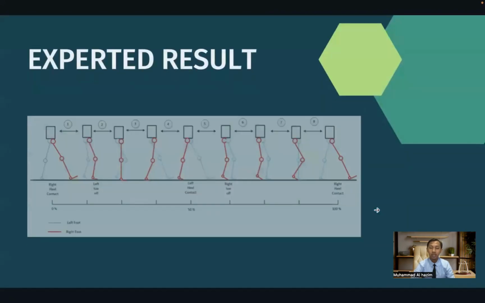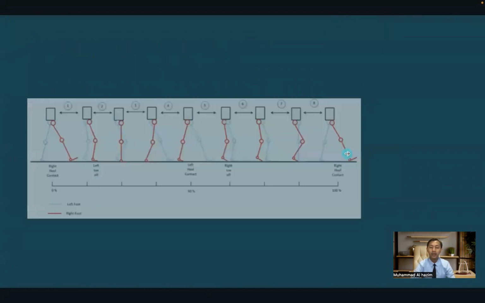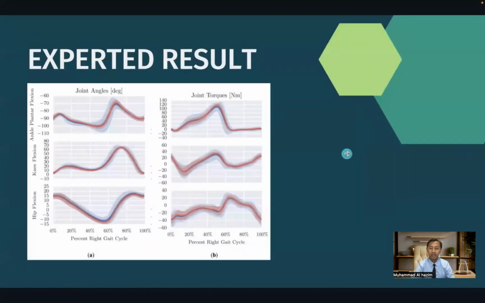In the exoskeleton, I have also analyzed the movement, which is in this picture. We can see the movement of the exoskeleton from right until it does the full cycle of walking, so that we can calculate the joint and the degrees of freedom.